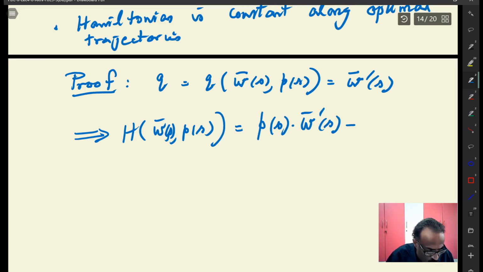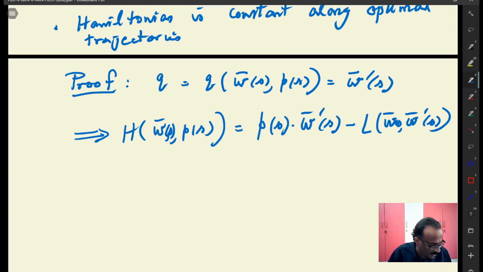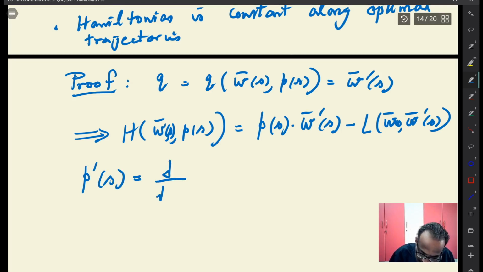Q, this is Q minus L of W bar. Of course S is there all the time, so I will not be writing S again. So if you define this one, you will have this definition. Therefore P prime of S is equal to, by definition, d by ds of dq of W bar prime.